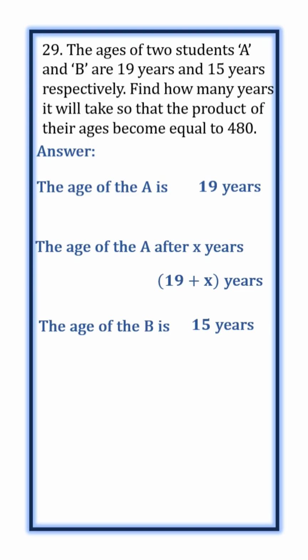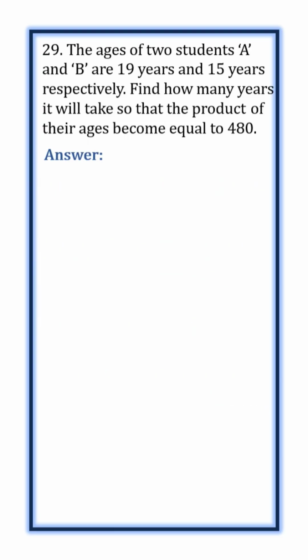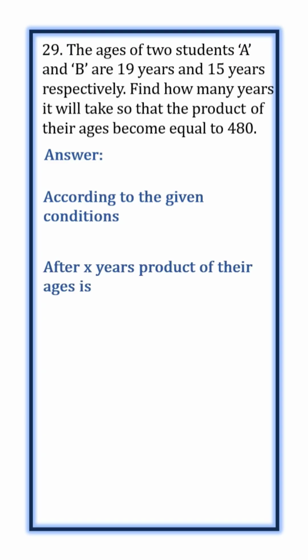The age of B after x years is 15 plus x years. Now, according to the given question, after some years, the product of their ages will be 480. So, (19 plus x) into (15 plus x) is equal to how much? 480.